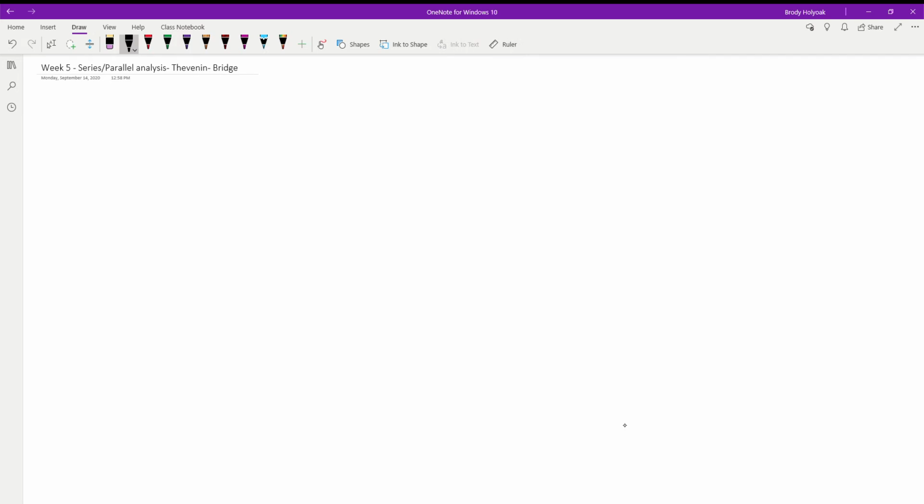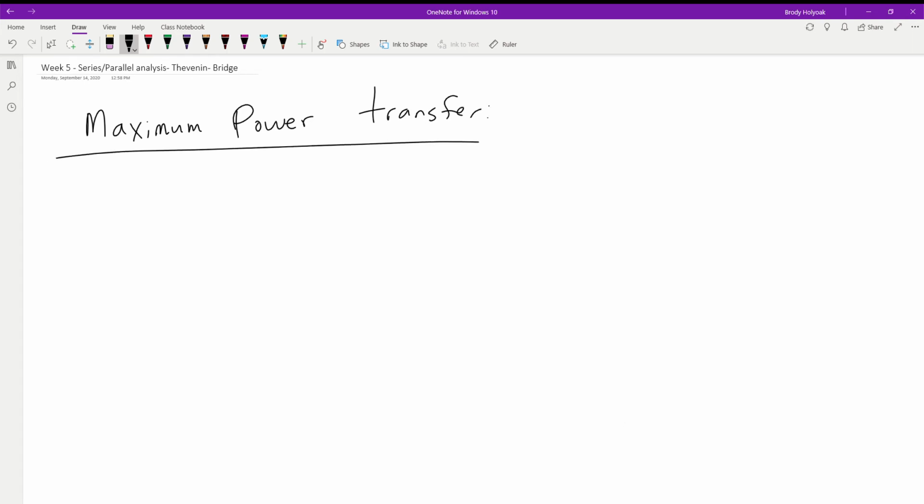So we have maximum power transfer. And what this states, and when this occurs, is when our load resistance is equal to the circuit resistance.